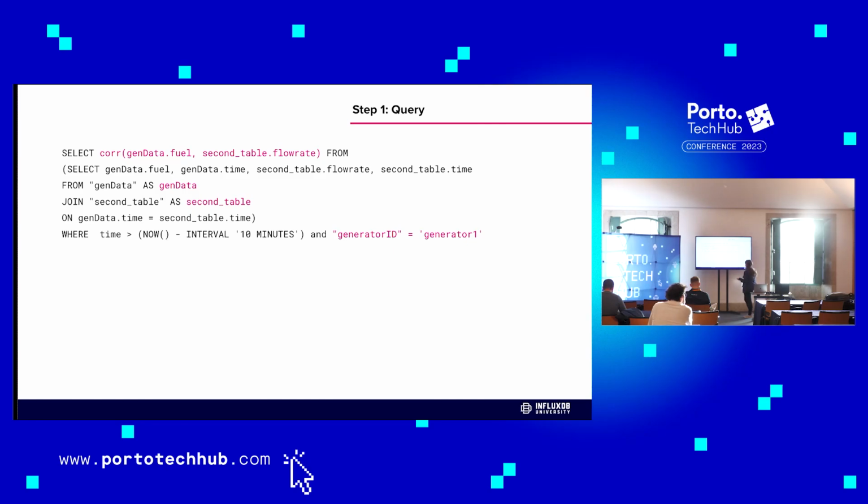With this one, we're expecting the same time interval of 10 minutes and a generator ID of 1, in another table. Maybe we're storing the minute data, the non-downsampled data that we started with earlier in the workshop, and now we want to combine them together. From there, we would be able to tell the flow rate of the data, how much fuel it's using over time, and it would tell us the correlation.